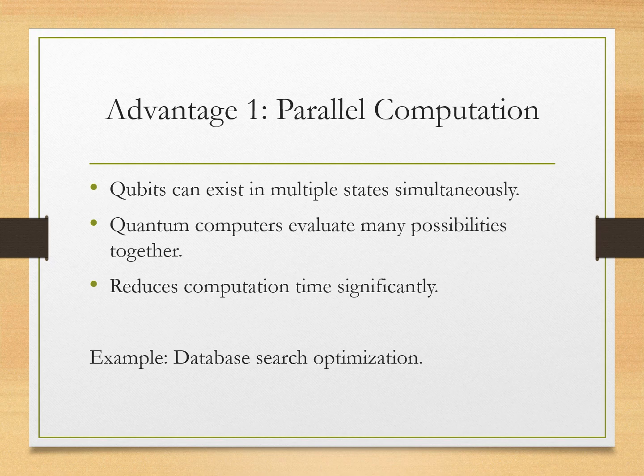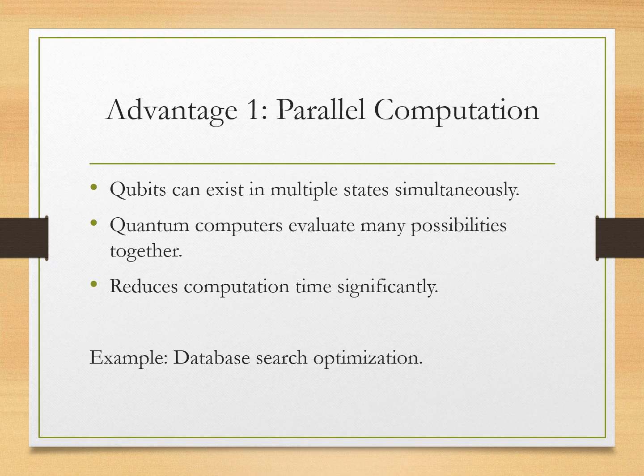This happens because of the principle called superposition. So, quantum computers use superposition to process multiple inputs simultaneously. Instead of checking one solution after another, quantum systems analyze many solutions together. This is also called quantum parallelism.